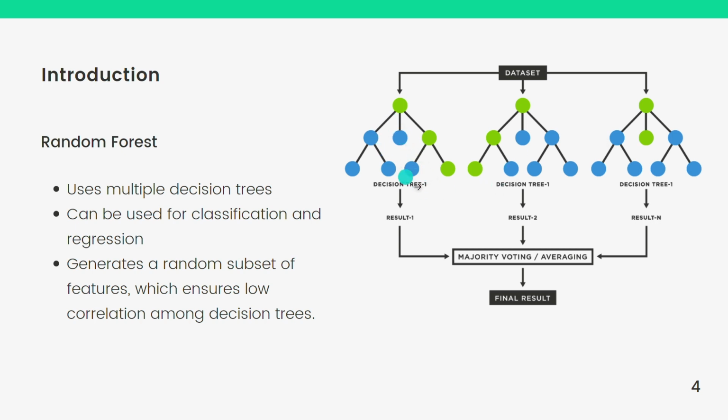So the first decision tree will give some kind of result for a test data, and the second tree will give another kind of result. Now if you see, let's say the green color dots are the test data you can consider, like there will be an attribute and the value will decide which branch.